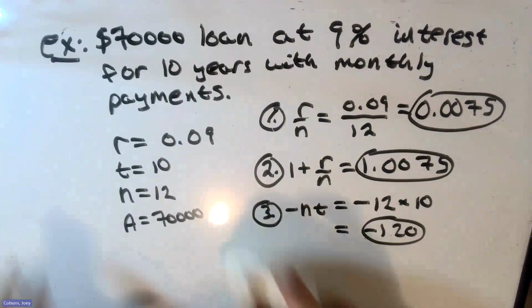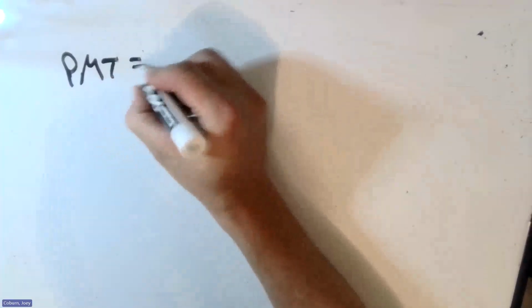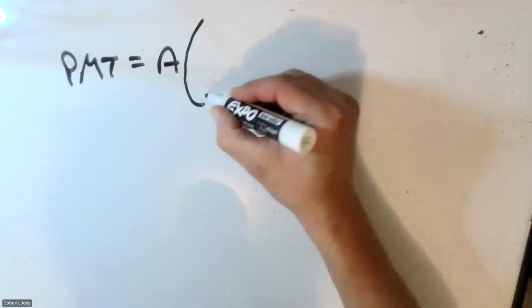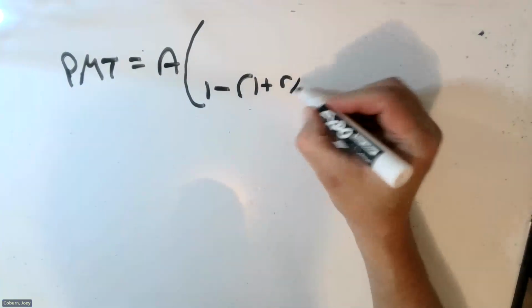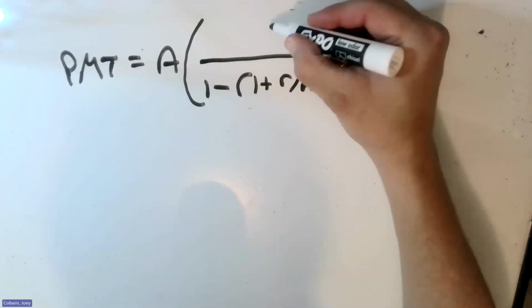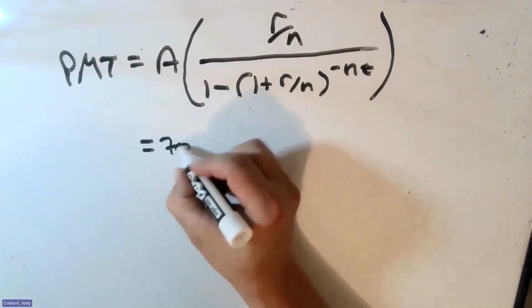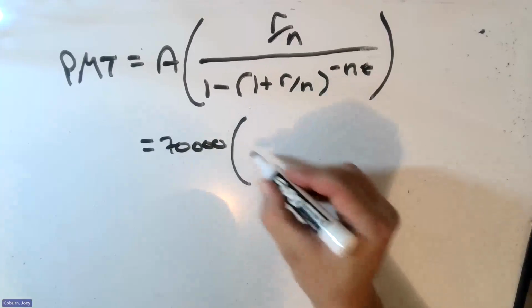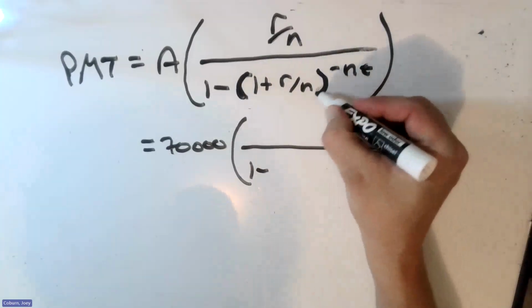So these are the three numbers we're going to use in the formula. And hopefully this will make using that formula easier, but it's still going to take some steps. It's still going to be a little complicated. So a monthly payment, again, that's A on the top. On the bottom, 1 minus, in parentheses, 1 plus R over N to the minus NT. This is R over N. So now this becomes 70,000 times 1 minus, and here this is a parenthesis, not an R, that's another parenthesis.